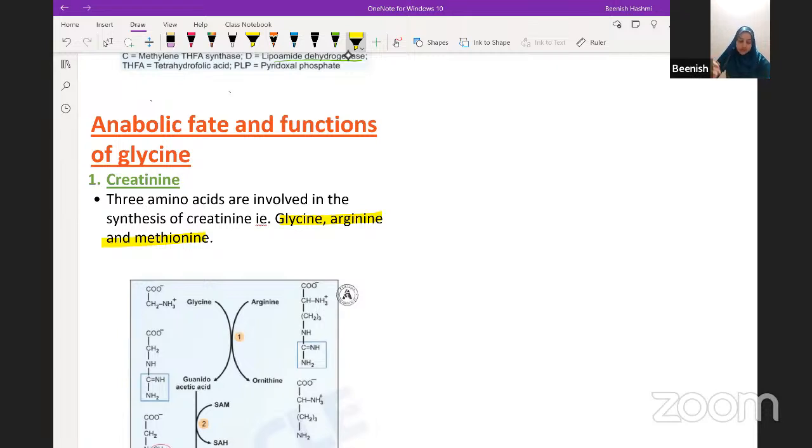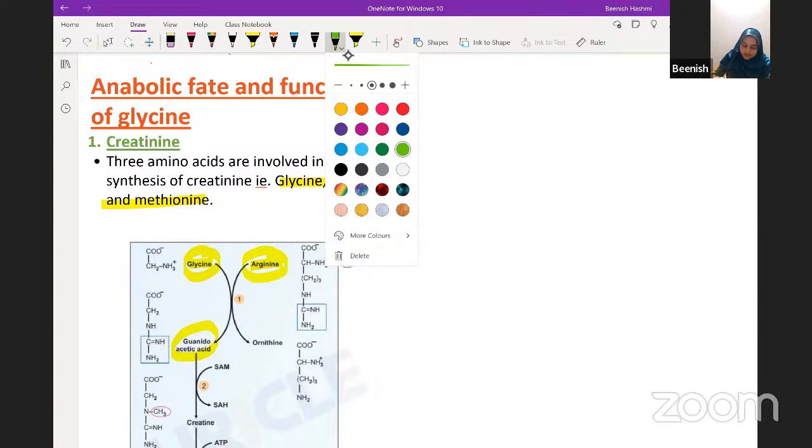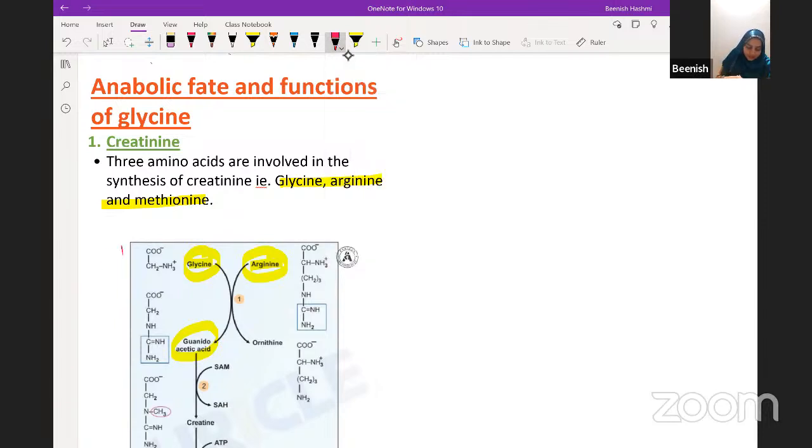Apart from glycine, arginine and methionine are also required. How? We'll just see. In the very first step, your glycine combines with arginine to form guanidinoacetic acid. You can see glycine is required and arginine is required, and this takes place in the kidney.